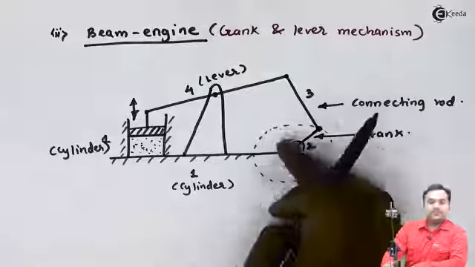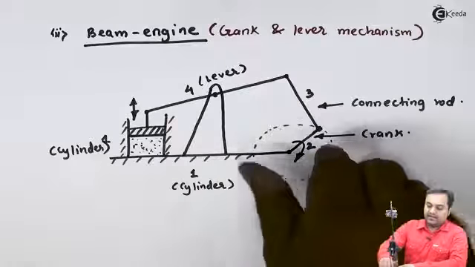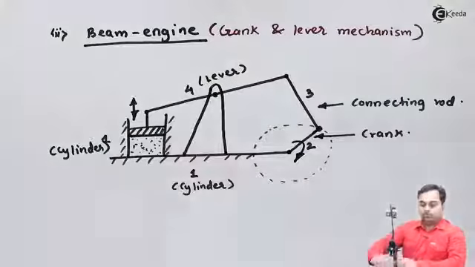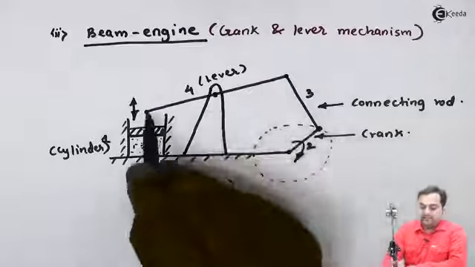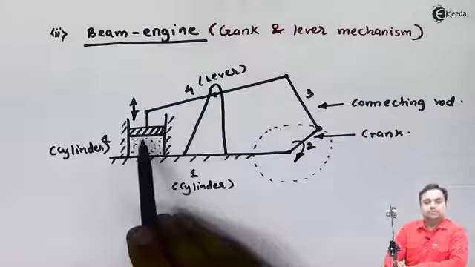Similarly, if the crank is moving up, then this piston would be moving down. So here we can say that with the help of this lever, we can transfer the motion of the crank to the piston.